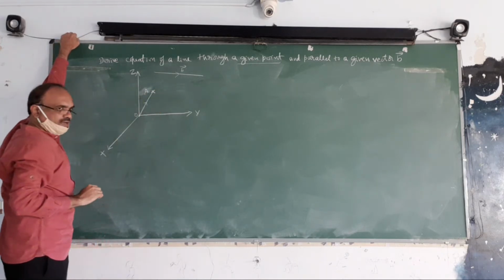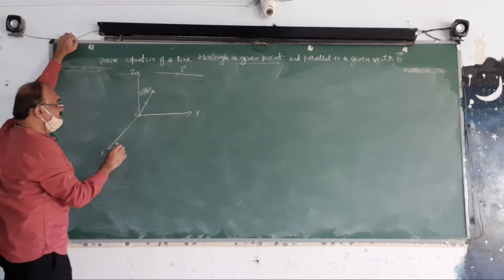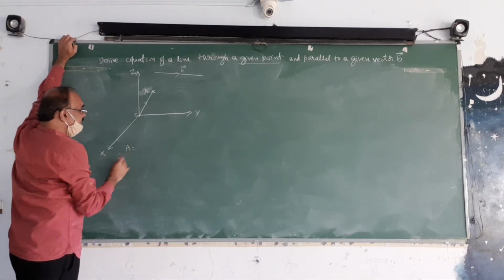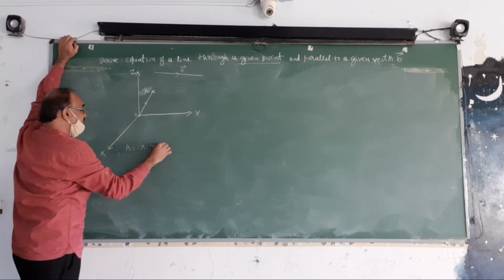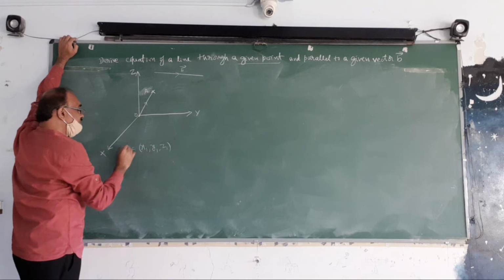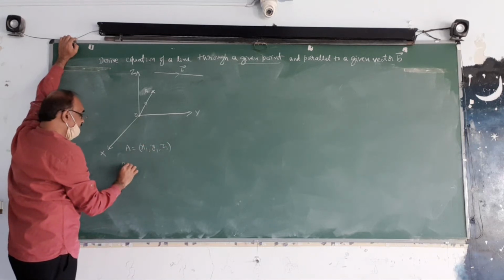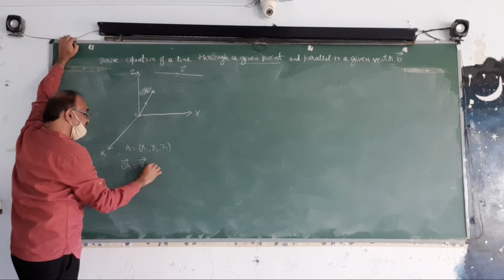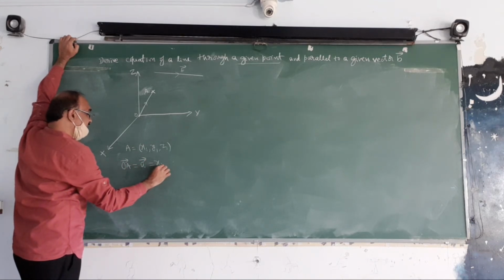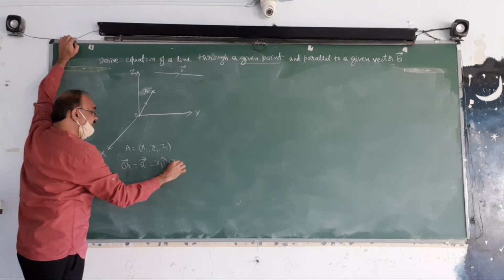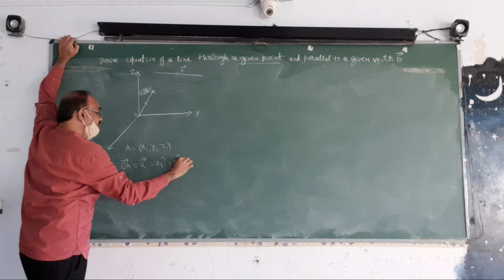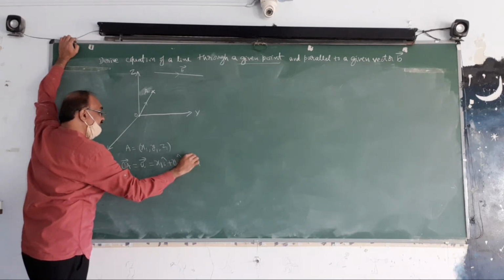Let us keep A only. We will write below. So A can be written in Cartesian form as x1, y1, z1. This is the position vector A, and vector OA can be called A. It is x1 i plus y1 j plus z1 k.